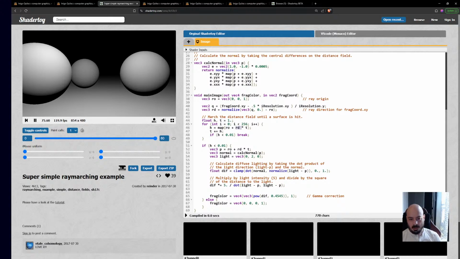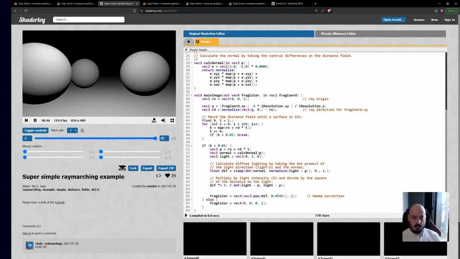RO is ray origin, RD is ray direction. So H is what? I don't know. Is H the current hit? I guess hit, and then T is time? What is T? T is time, I guess.